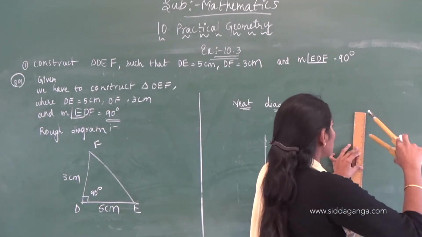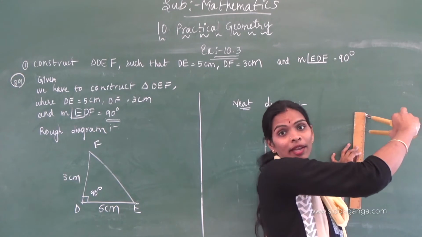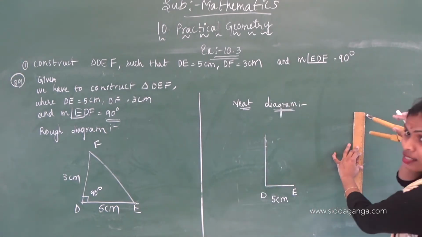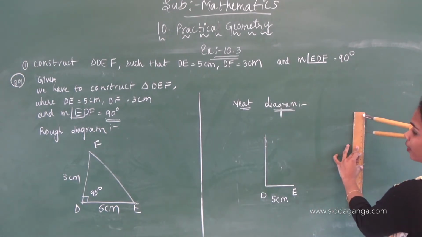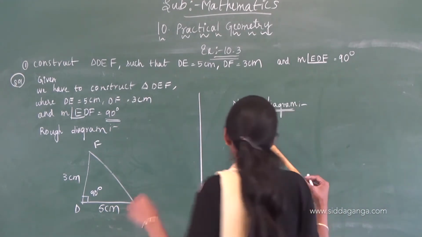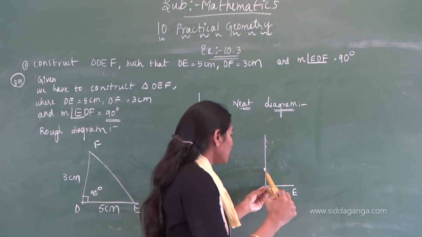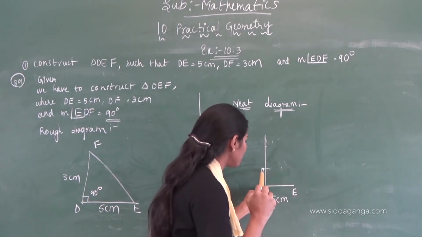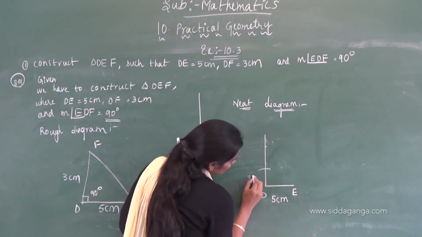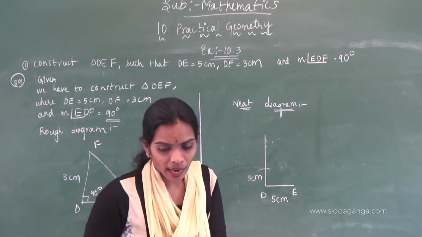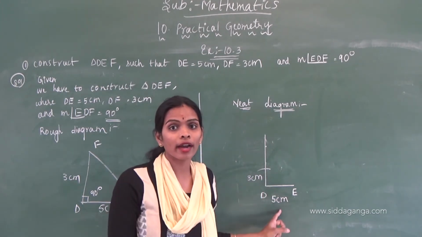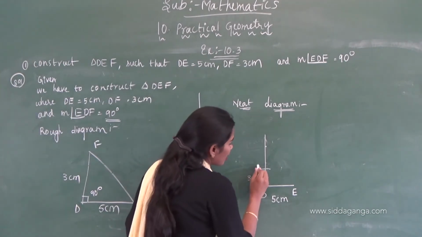See here, children, I am taking only 3 centimeters. Just I am keeping the point end here and the chalk end here. This is 3 centimeters, and the point of intersection of arc and the ray is F.